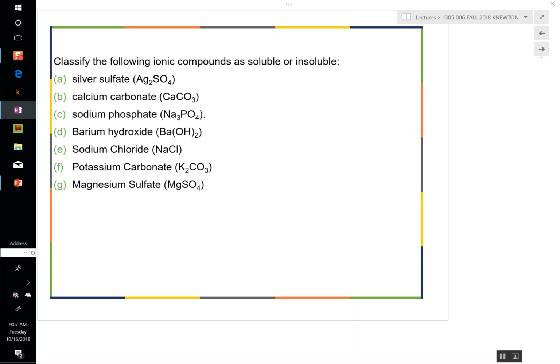Calcium carbonate, sodium phosphate, barium hydroxide, sodium chloride, potassium carbonate, and magnesium sulfate. Okay? So that's our challenge.